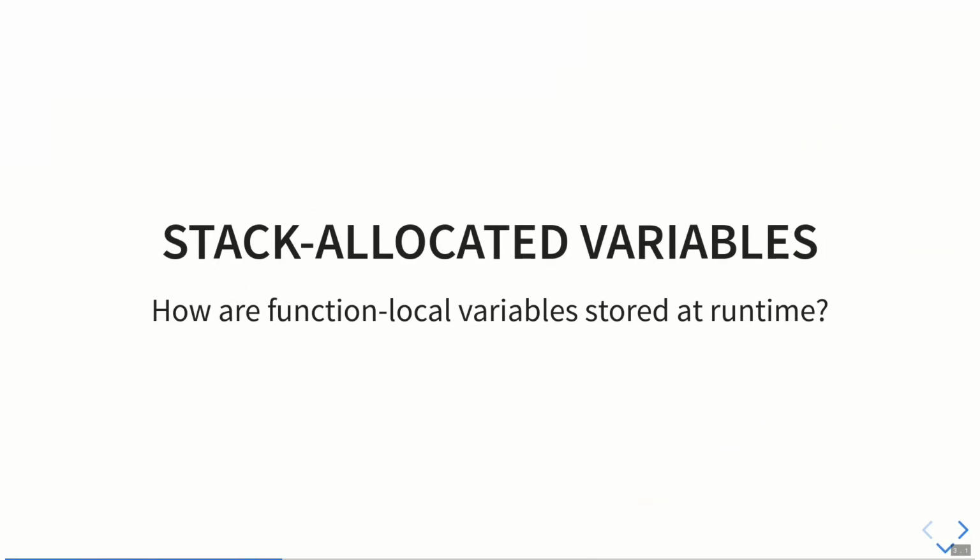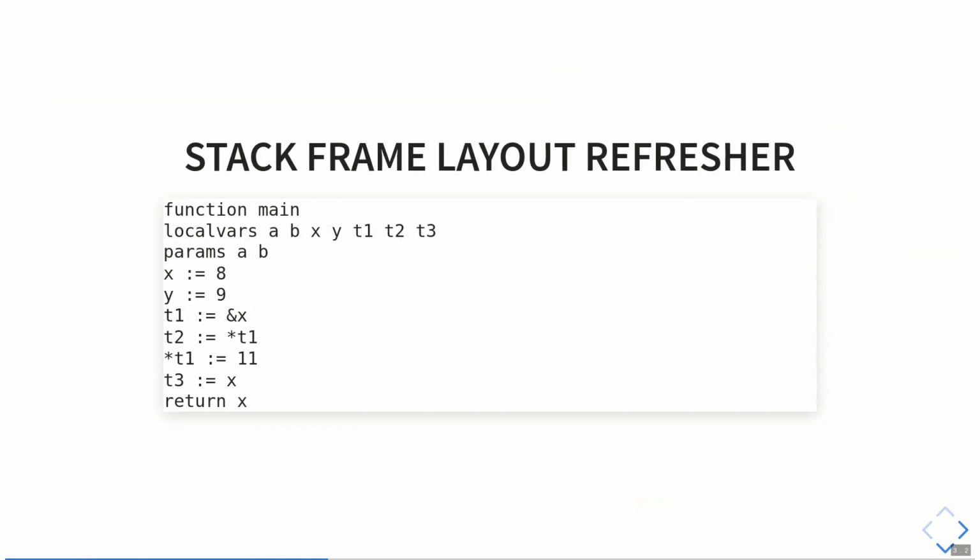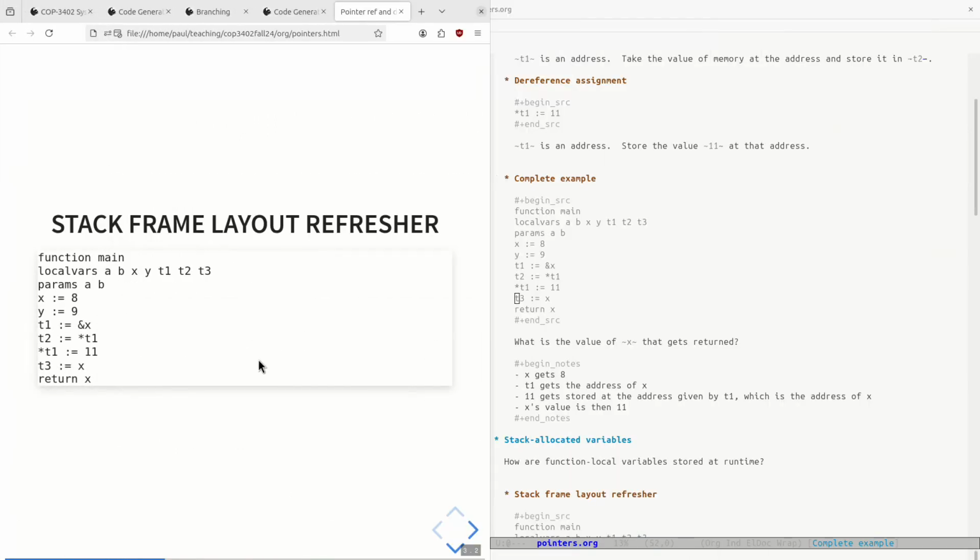Okay, so let's review stack allocation. How are function local variables stored at runtime? On the stack. Okay, so let's draw the stack for this example.